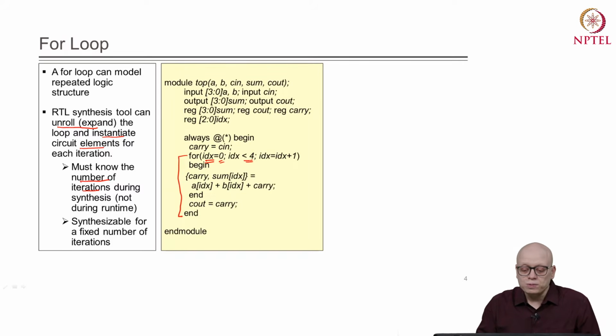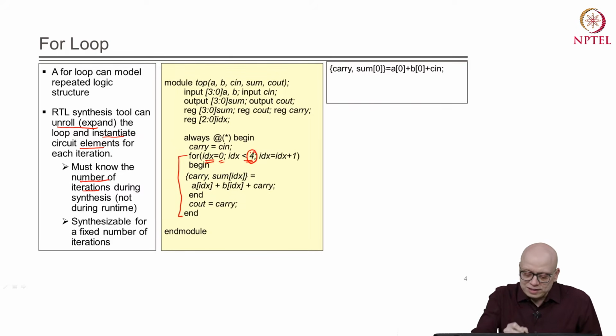So, this for loop continues for 4 iterations. The number of iterations is fixed, in this case 4. If it was a variable, then this for loop would not have been synthesizable, because during synthesis the tool cannot infer how much hardware to infer.